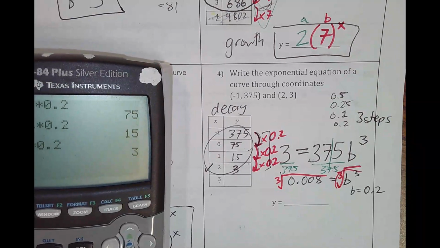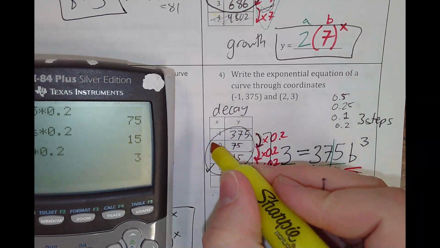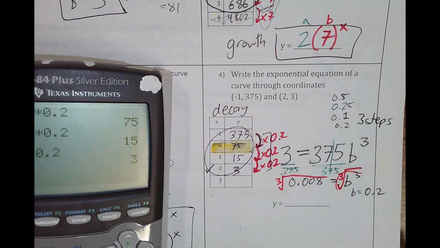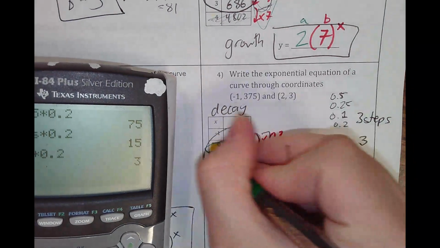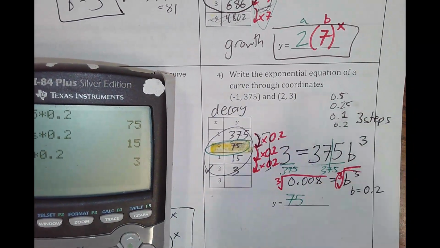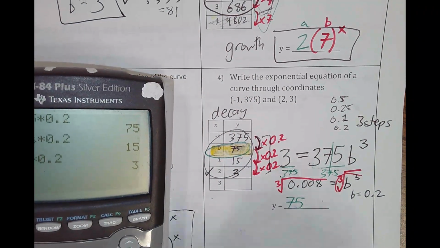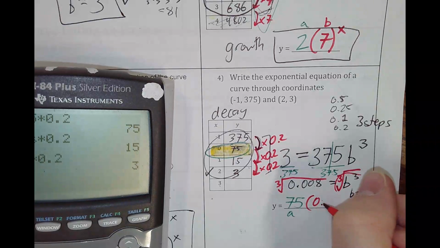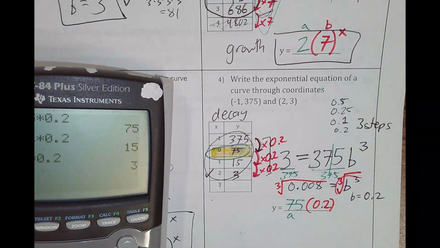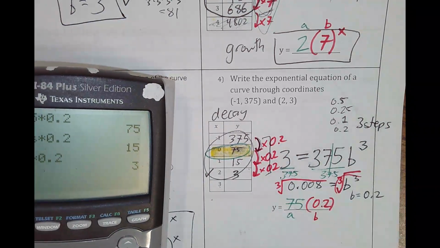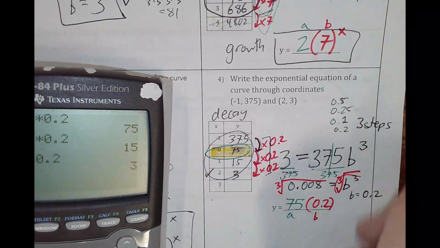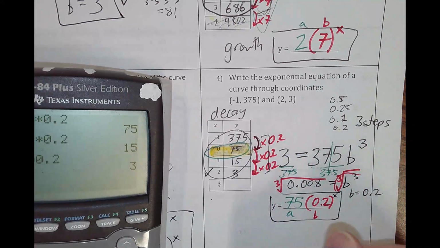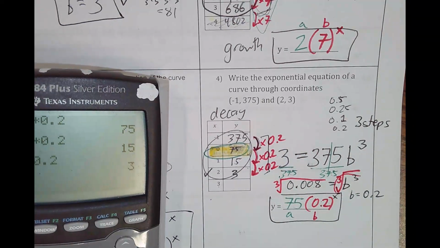So we're going to need to write our equation now. There's only 2 things we need. We need our starting value, which is 75. And that's our a value. And we also need our b value. Our b value happens to be 0.2. And that will be to the power of x. So there's 2 ways to write this. The first way is to write 75 times 0.2 to the power of x.